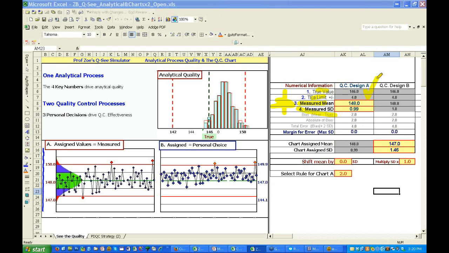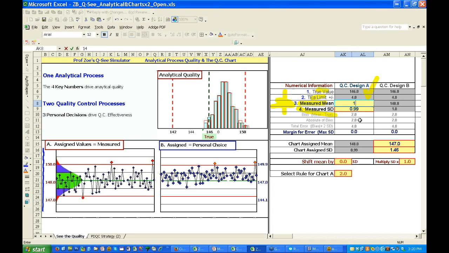looking at my mean. My measured mean is off, so I would want to begin looking at how I can address it, probably perhaps even calibration at this vague a juncture as to what the specific problem is, but something so that my measured mean is closer to the true value.